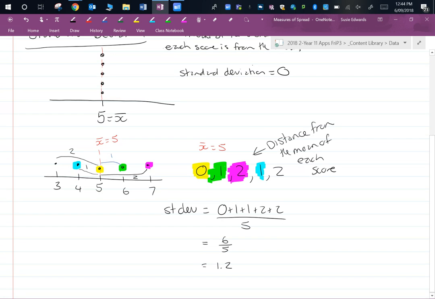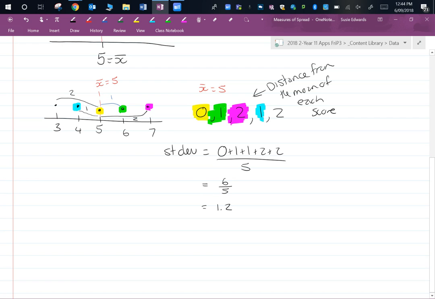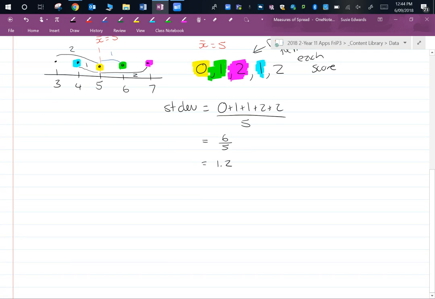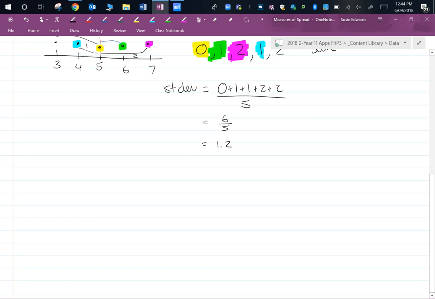So if we look at this, this is the sort of question you get in a non-calculator section where I'm going, do they understand what standard deviation is? You don't get a calculator to work it out. You get given something like this. So I'm going to give you 2 dot plots, and I'm going to tell you that the mean is here and it's X. I'm going to give you another one, and I'm going to say the mean is the same for both of them because it's also there.